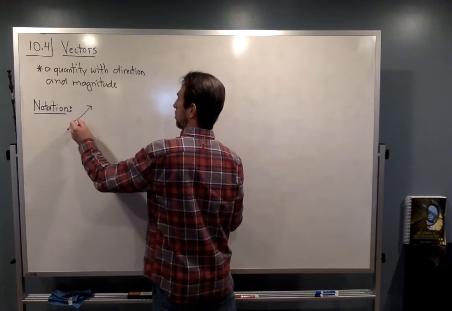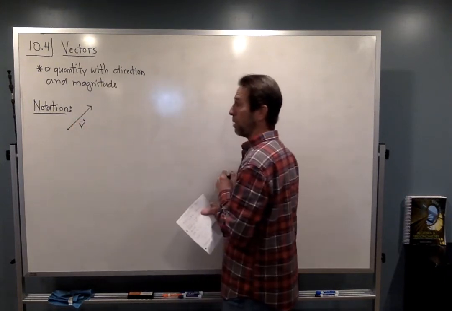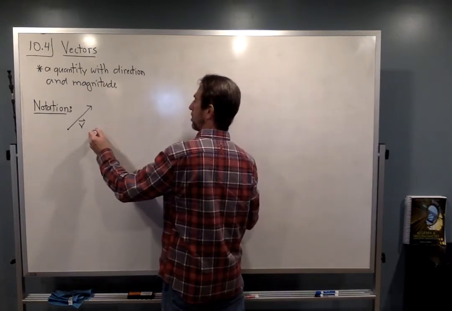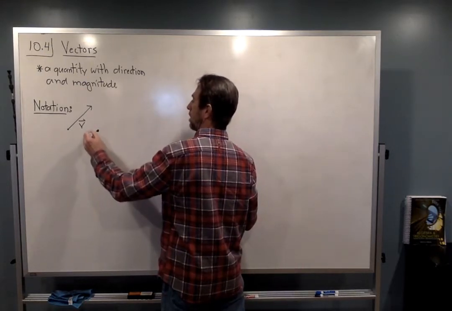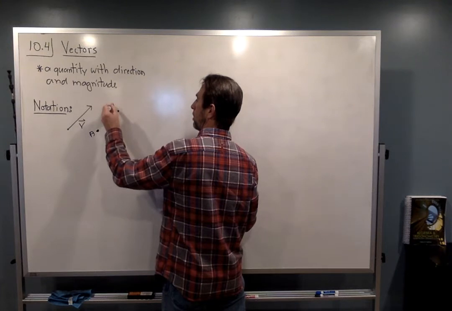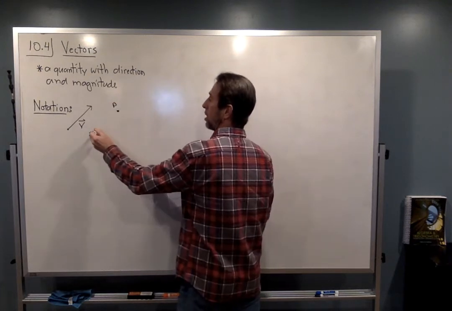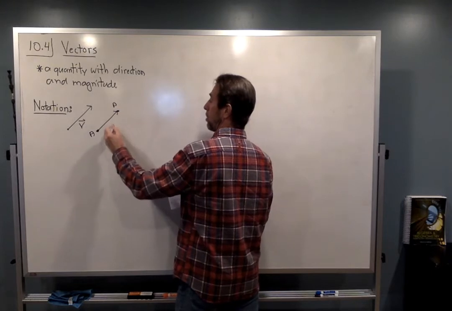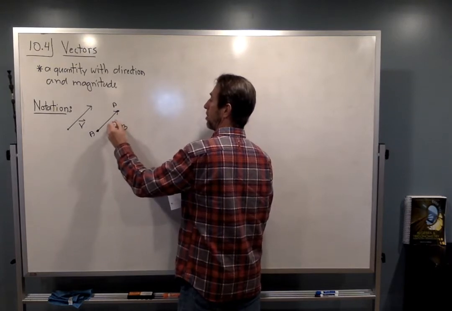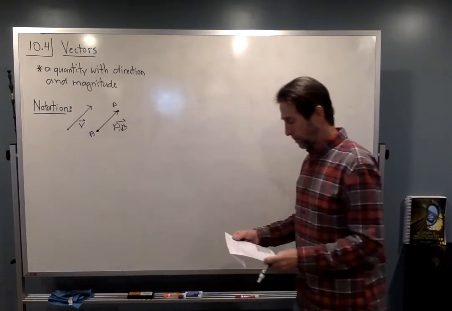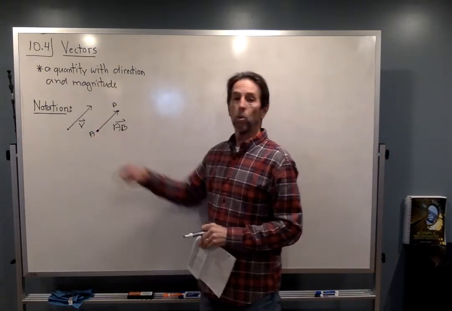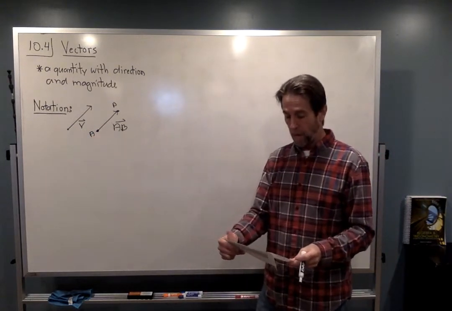Many times we also put a little vector symbol above it, which is kind of a half ray. We could talk about a vector going from point A to point B. And even though that looks to be a line segment, we need to have an arrow on it that's going to indicate direction. So this could be vector AB. Also, you'll many times just see these in bold letters in print, so be aware of that.